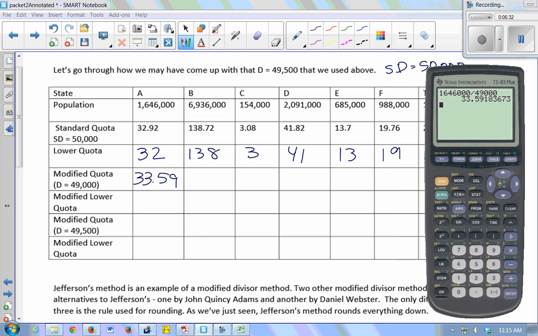All right, so now I have 6,936 divided by 49,000, 141.55. 3.14. $42.67.